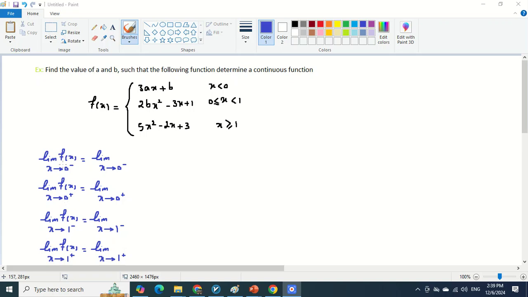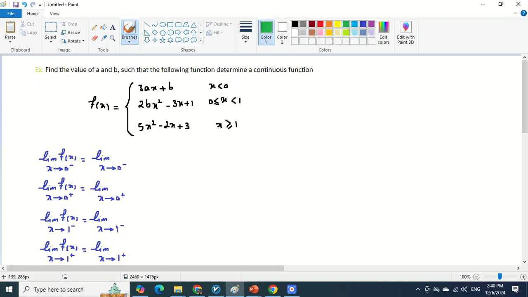All of these limits should be equal, meaning that the left side and right side limits at 0 should be equal to have a limit at that point. For x tending to 1 we also have the same situation. If we calculate these limits and make them equal, then we have some conditions for a and b, and then we can determine the value of a and b. So let us take a look at that example and try to solve it.